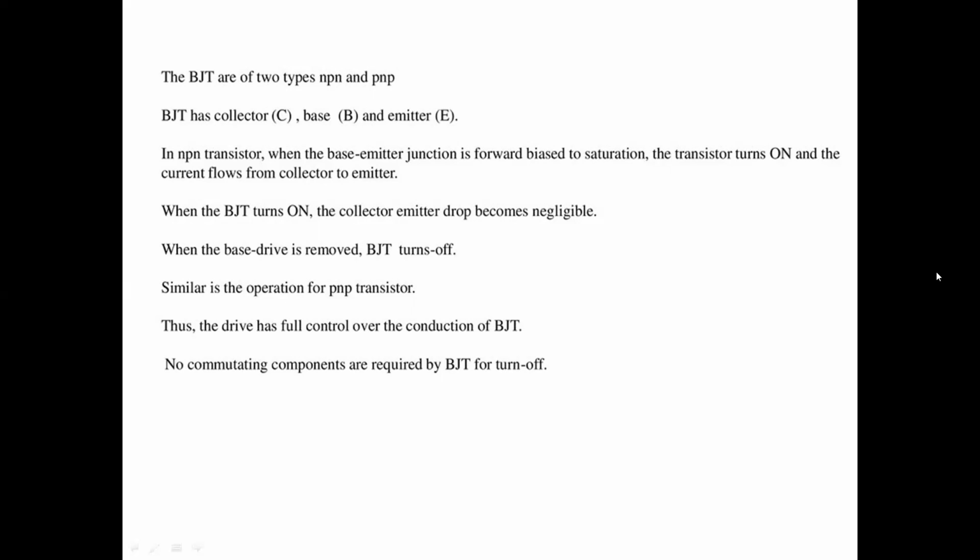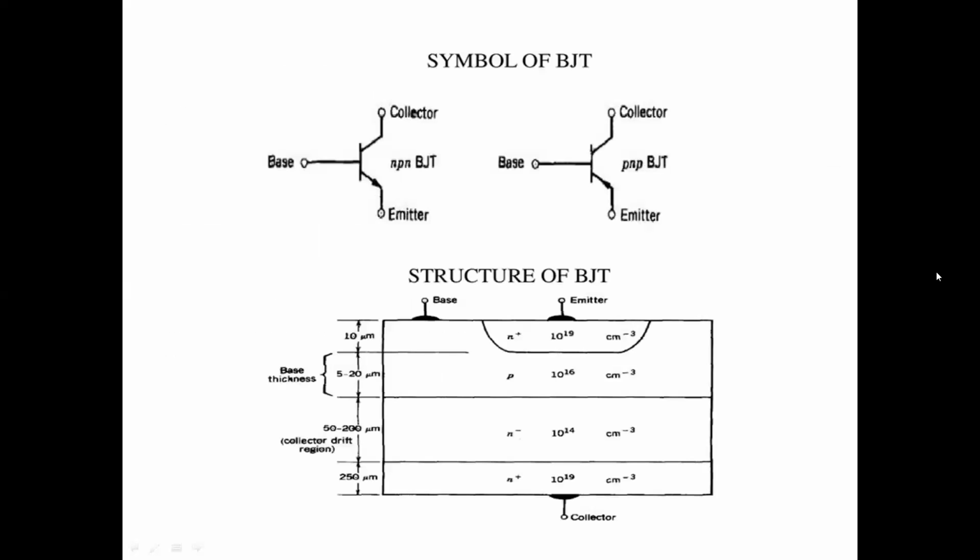When the base drive is removed, BJT turns off. Similar is the operation for the NPN transistor. Thus, the drive has full control over the conduction of BJT. So no commutation is required to turn off the BJT as it is required in thyristor.